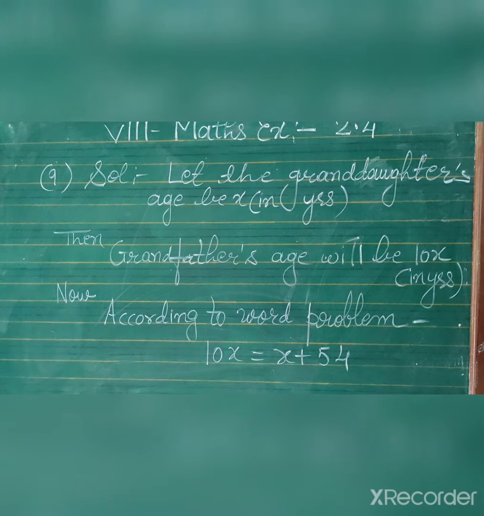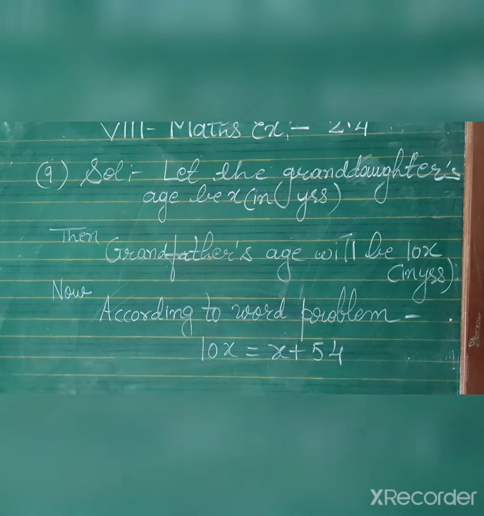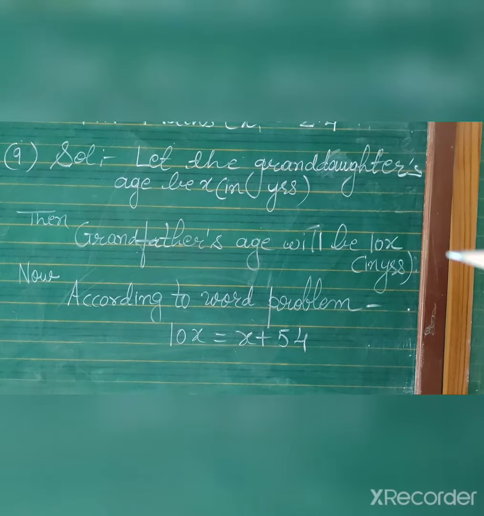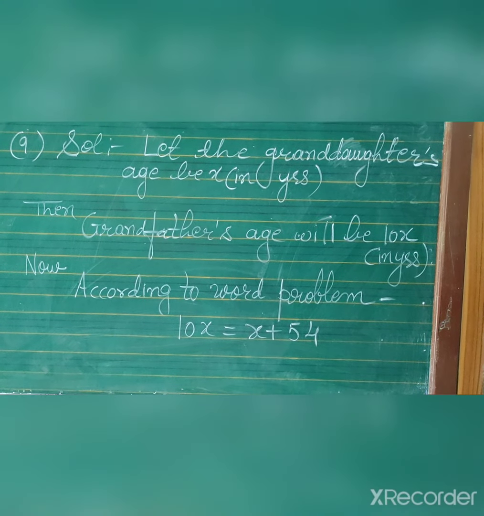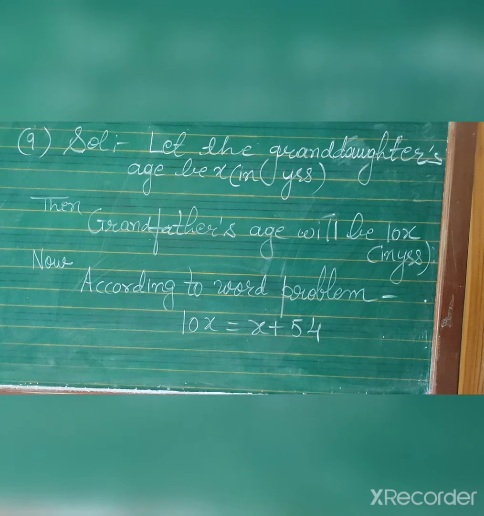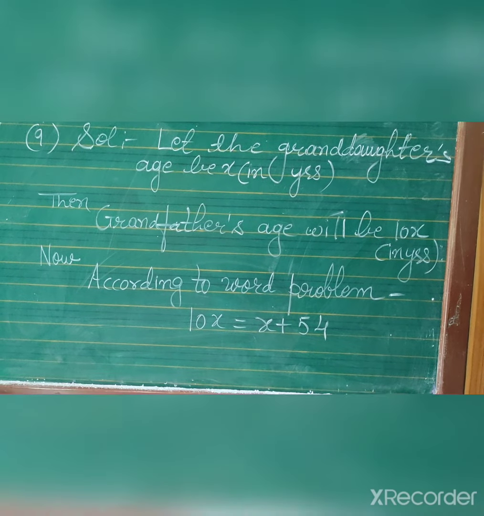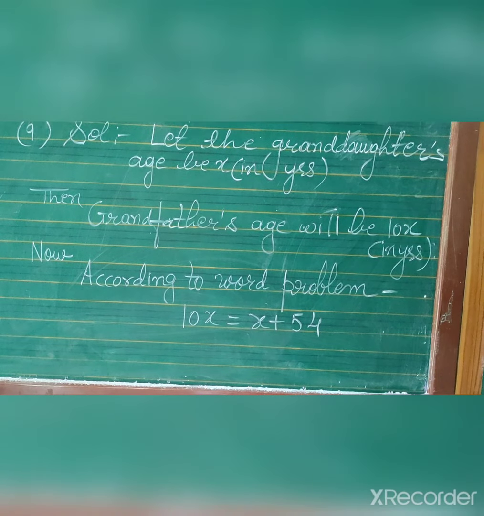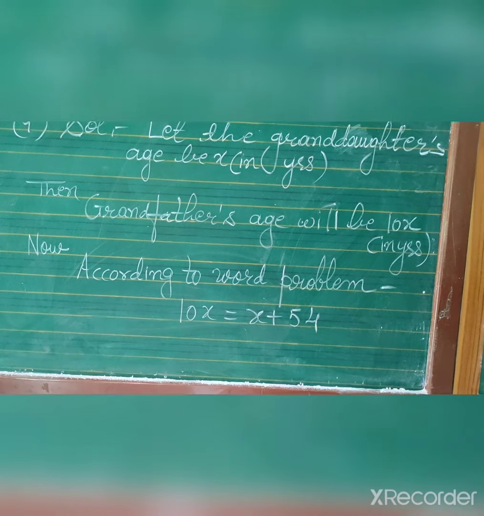First we will assume let the granddaughter's age be x in years. Then grandfather's age will be 10x, 10 times older. And according to the word problem, it is written grandfather is 54 years elder than granddaughter.